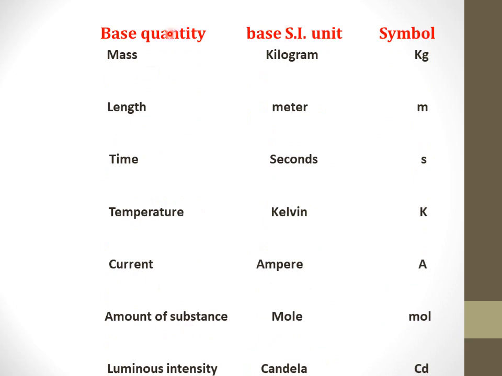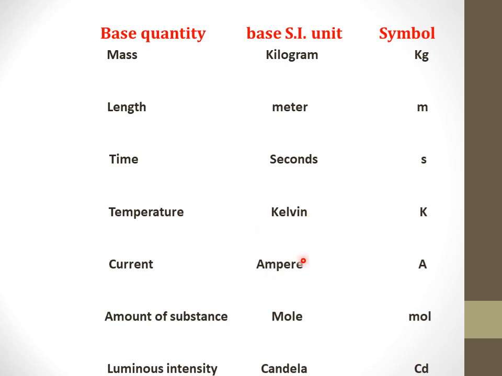We have this table: base quantity, base SI unit and their symbols. Mass, kilogram. Length, meter, symbol is m. Time, second, symbol is s. Temperature, Kelvin, symbol is K. Current, ampere, symbol is A. Amount of substance, mole, symbol is mol. Luminous intensity, candela, symbol is cd. As a reminder, some of these SI units are named after people.